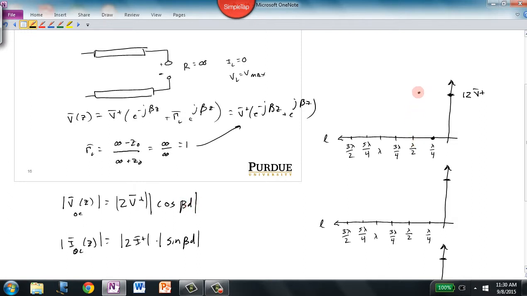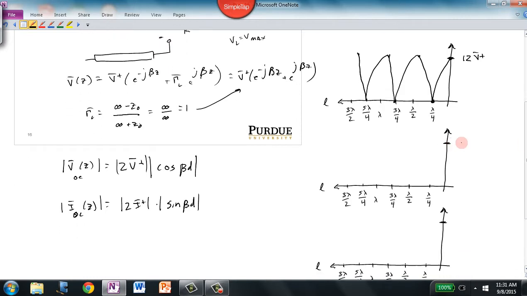It's going to go back to a maximum here, a minimum here, a maximum here, and so on. We get this shape, where these are rectified sine waves. I'm not the best sketcher, but those are rectified sine waves. And this holds true to the fact that the voltage has to reach some sort of maximum value at the load.